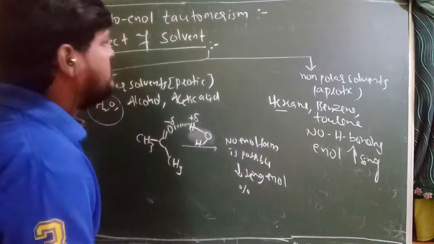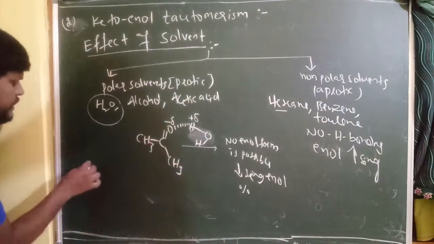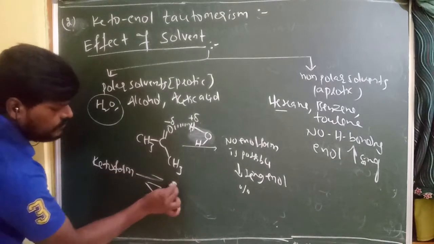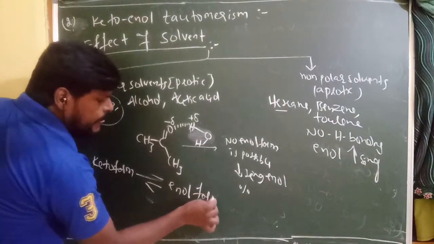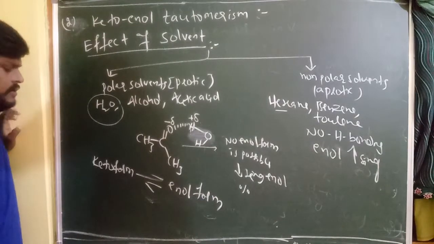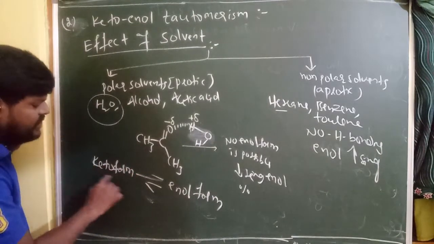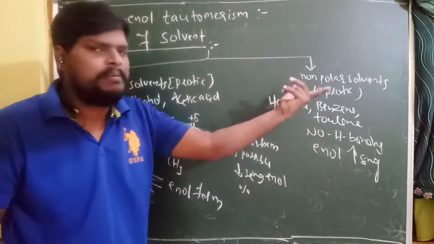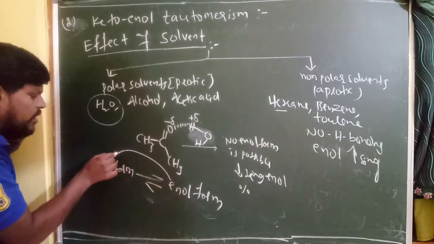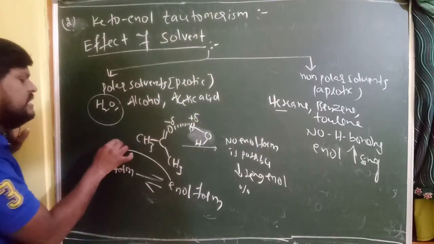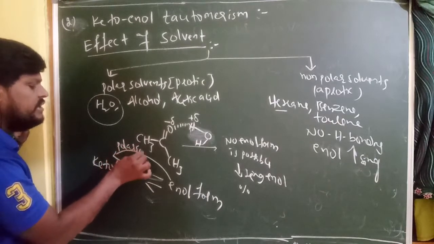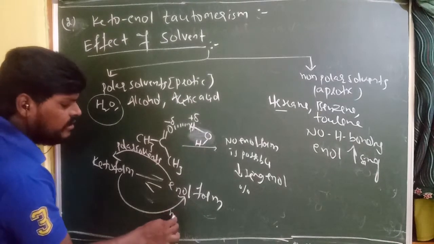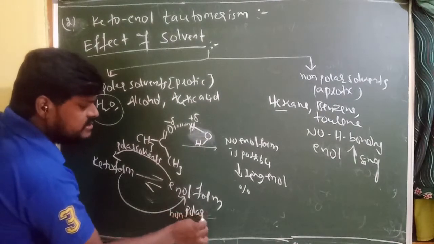Right. So let us take one simple example here. Keto form and enol form. If you seriously observe here, the keto form increases in polar solvent, and the enol form increases in non-polar solvents.